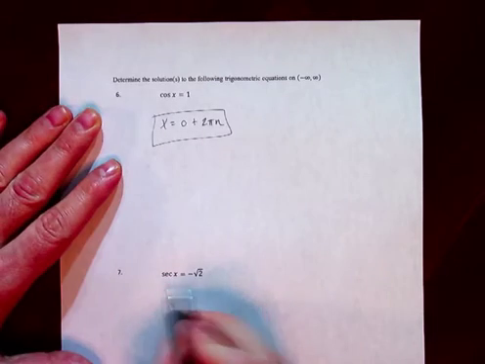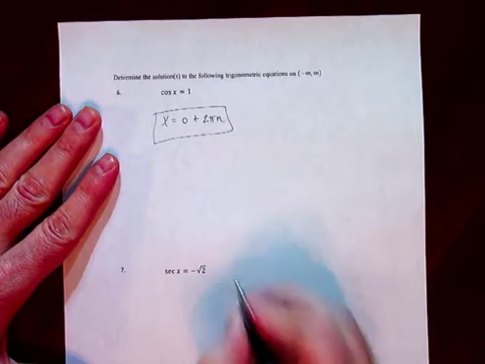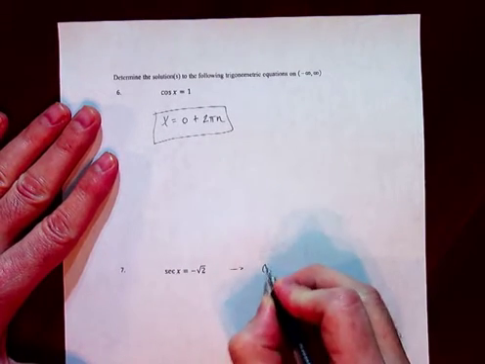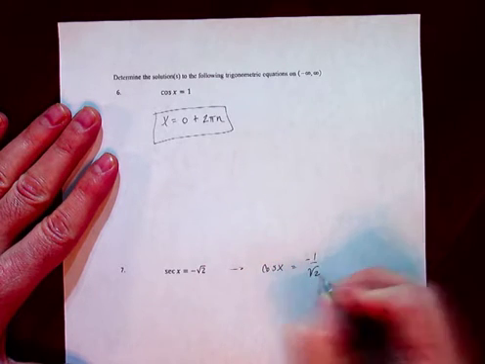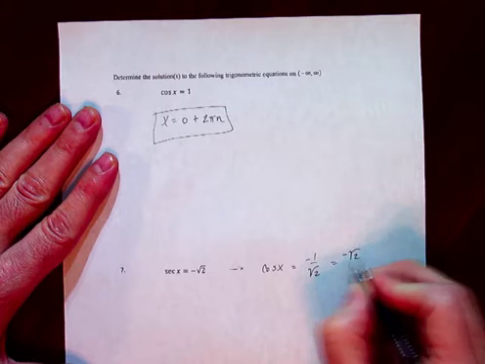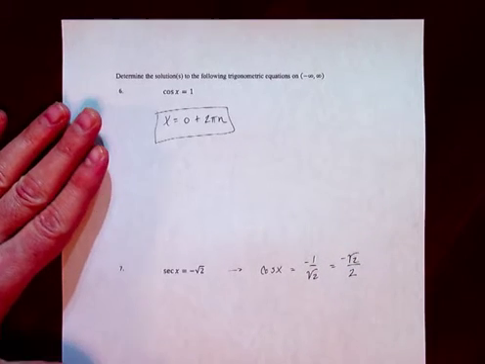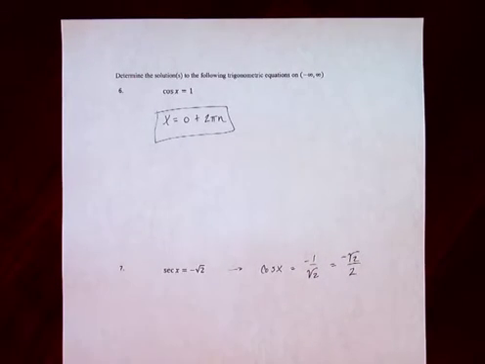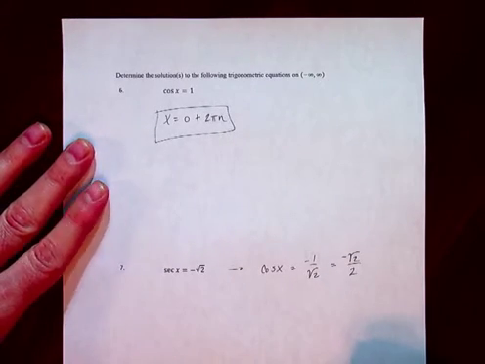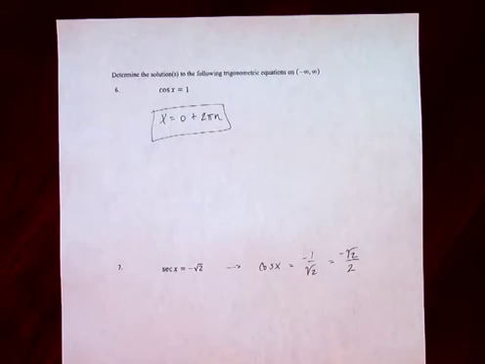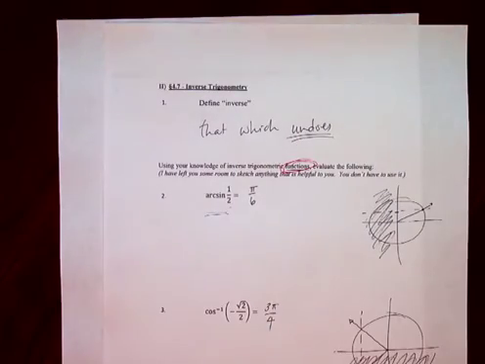Okay, secant is equal to negative root 2. Well, let's go ahead and change that into cosine x is equal to negative 1 over root 2. And then, of course, that winds up being negative root 2 over 2 when you rationalize the denominator. Well, where is cosine x equal to negative root 2 over 2? Well, we've already answered that question because, remarkably, it was back here, right?